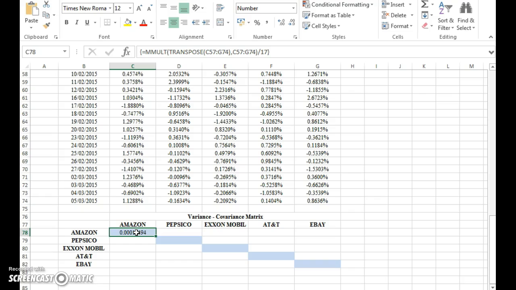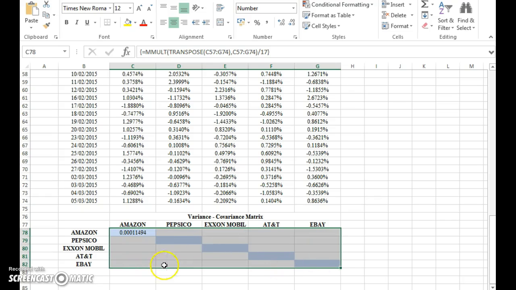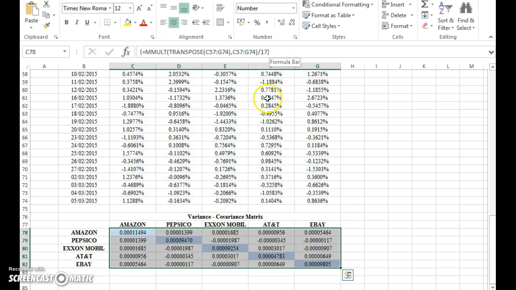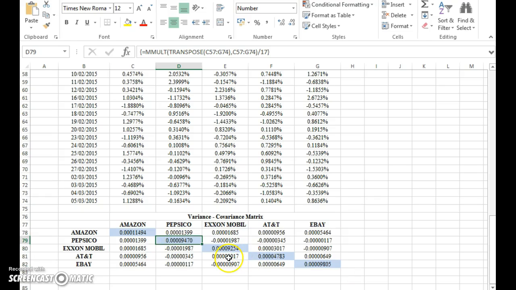Now, to get the full matrix, we highlight the cells and pull them across for every asset. We go back to our function up here. We hit Control, Shift, and Enter again, and now we get our variance covariance matrix. The off-diagonal values here represent the covariance between each of the assets, and the diagonal values here are the variances for each of the assets.